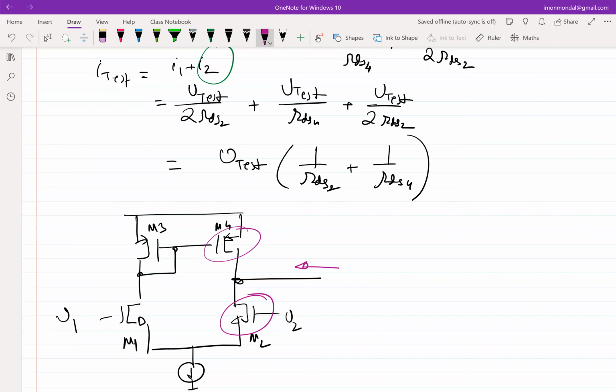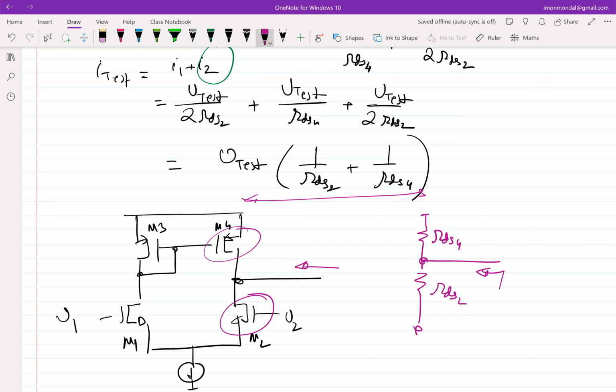So this almost behaves like there is no feedback, no double path, just one transistor RDS4 and another RDS2 connected, and you are looking from here. This expression essentially looks like that, and that's how it's easy to remember.